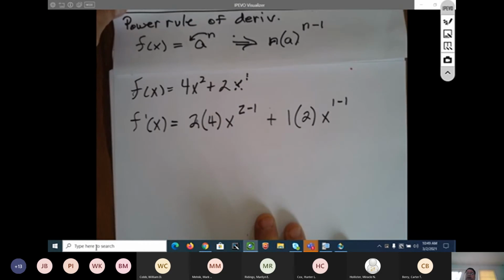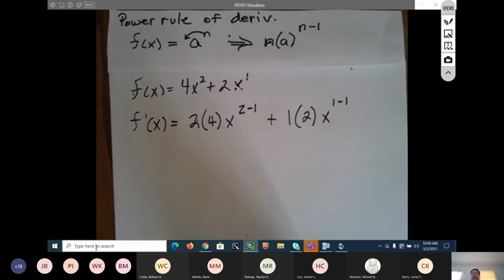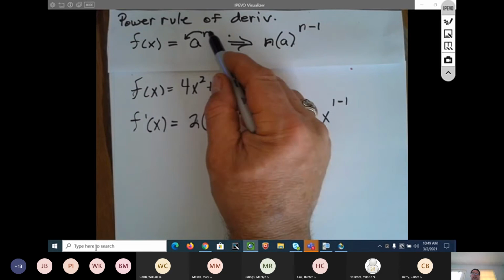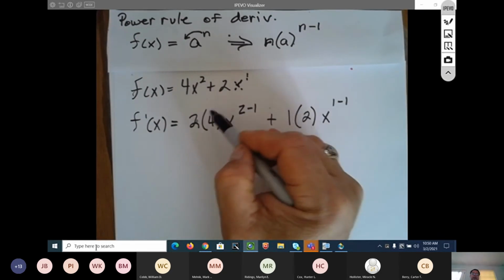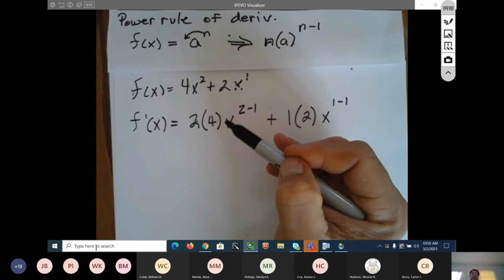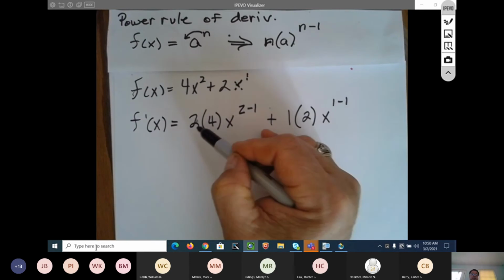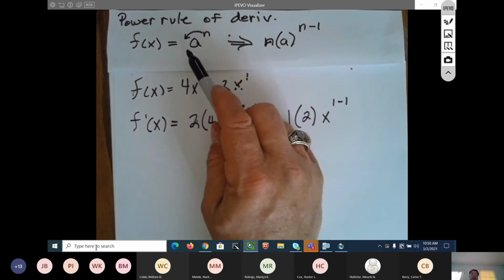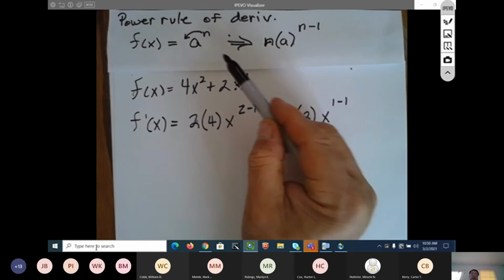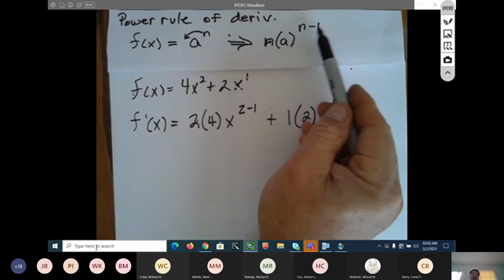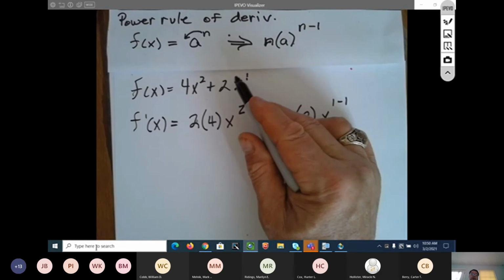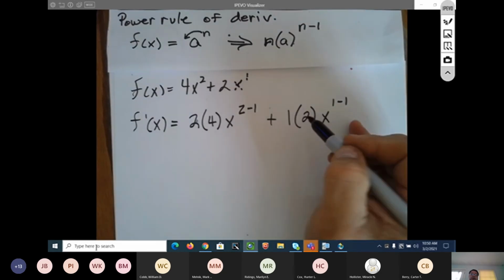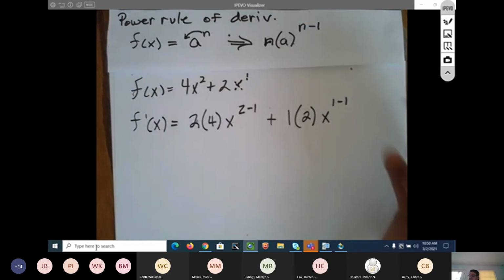Okay, I just did the power rule. I brought the n out front, the 2 out front, right here, and that'd be 2 times whatever this coefficient is, and then n minus 1, 2 minus 1. I brought the 1 out front, 1 times 2, x to the 1 minus 1.